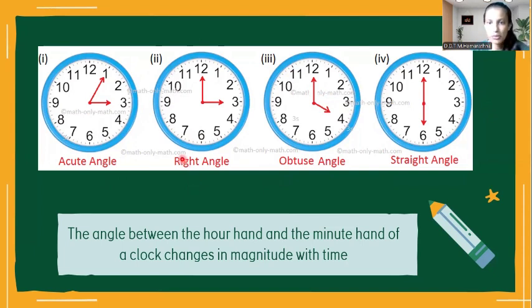This is an example of the dynamic nature of angles. You can easily keep in mind, as an example for the dynamic nature, the angle situated between the hour hand and the minute hand of a clock.